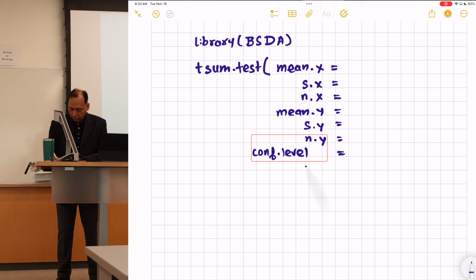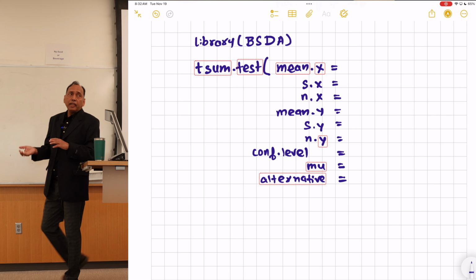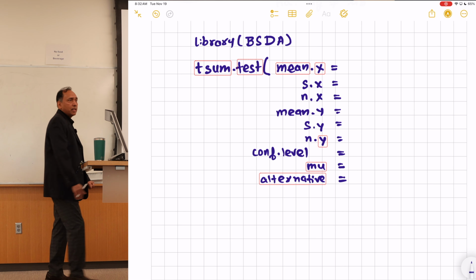You also need mu. So I will let you know what is mu very soon, and whether we are using lower tail, upper tail, or two-sided test.